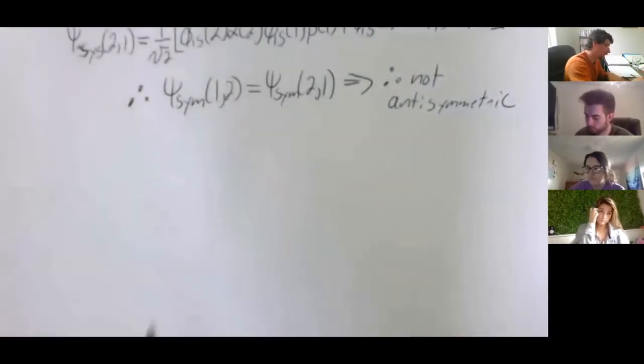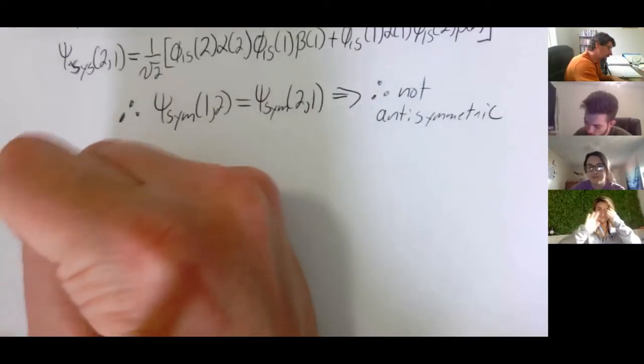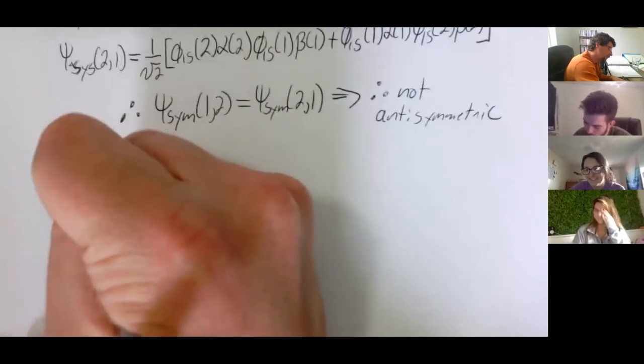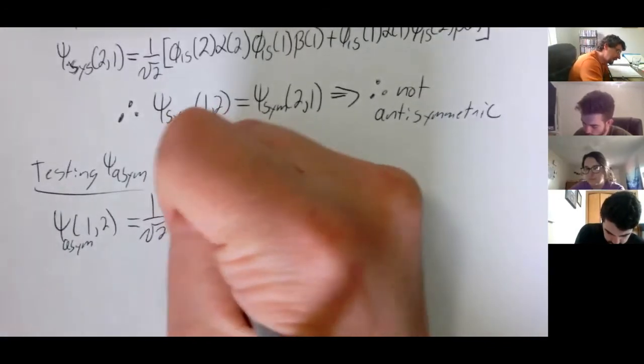What about the other way around? So testing psi asym. We'll have psi asym 1, 2. Same thing as last time, except with a minus sign in the middle.